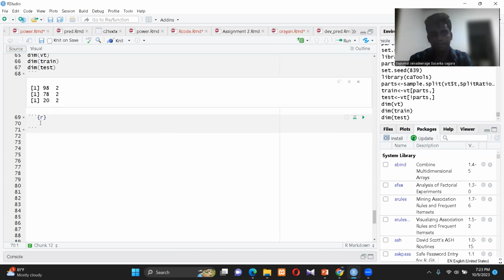Actually, the requirement to be fulfilled by the response is that it should be a normal distribution, right? The response should be normally distributed in order to make it an effective regression.